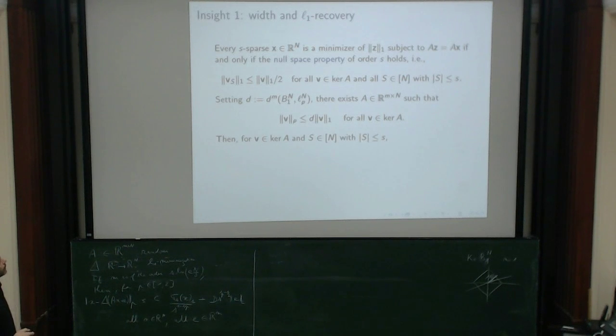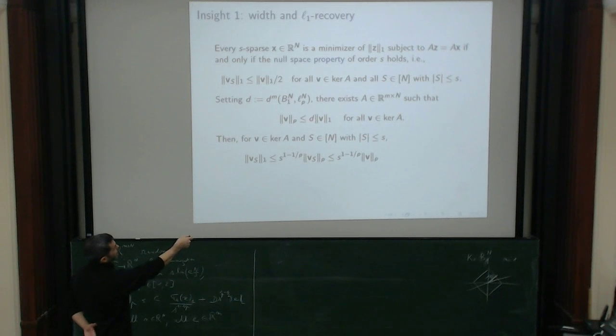Okay, so now I take V in the null space, I take S of size s. What I can say, I can compare the L1 norm to the LP norm of VS. VS has only s non-zero entries, so there is this factor coming out in front. Now, the LP norm of VS is certainly smaller than the LP norm of V as a whole. And now I'm using this property here.